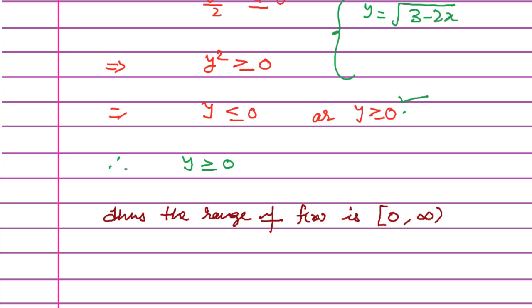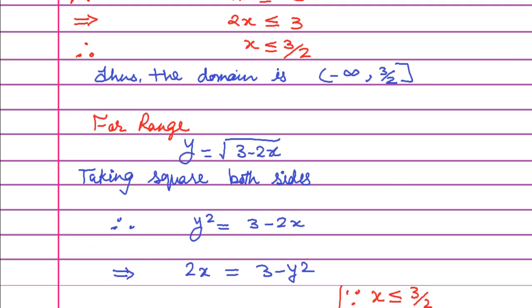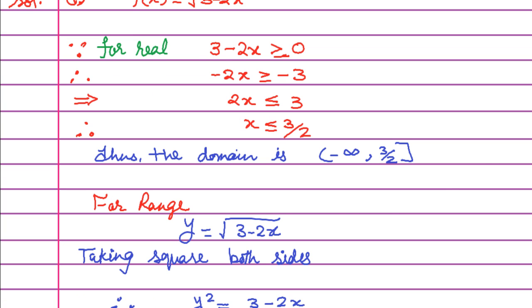So in this way we have got the range and domain of this function. Whenever we have these sorts of questions, if there is a square root in the numerator, the value under the square root should be greater than or equal to 0, and we have to simplify this. Whatever inequality we get for x, we have to put the interval.